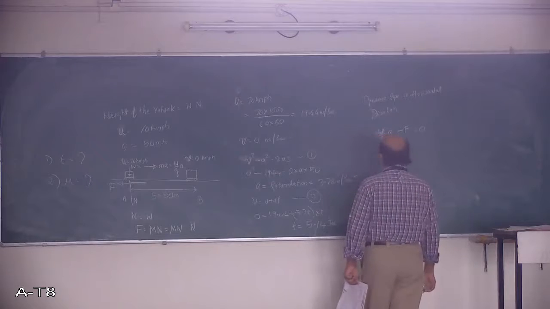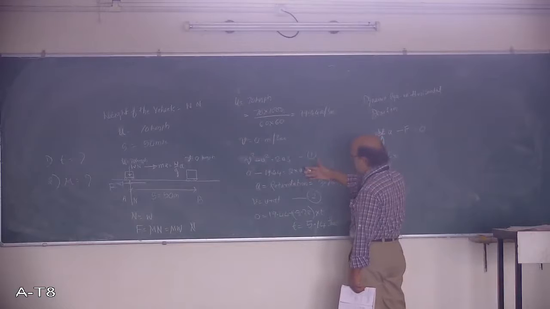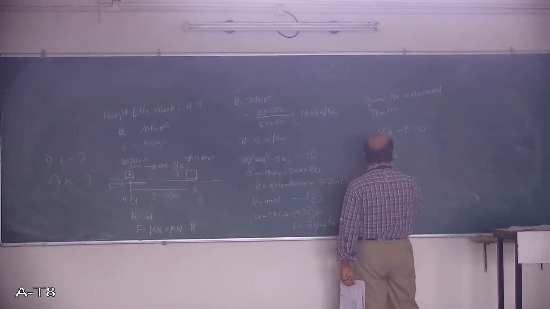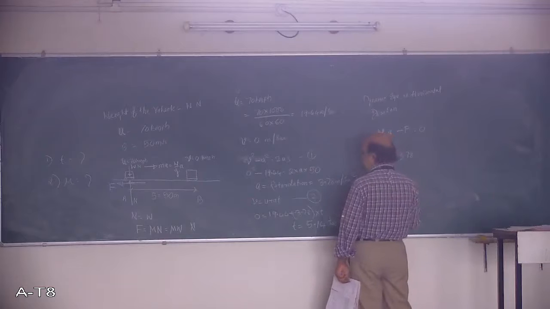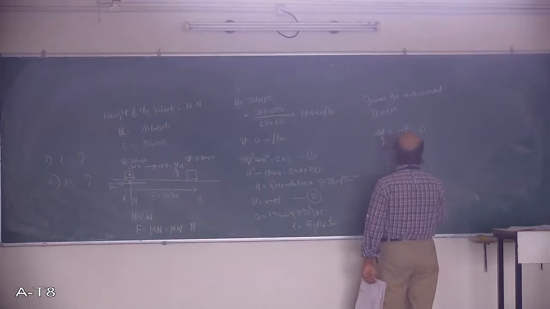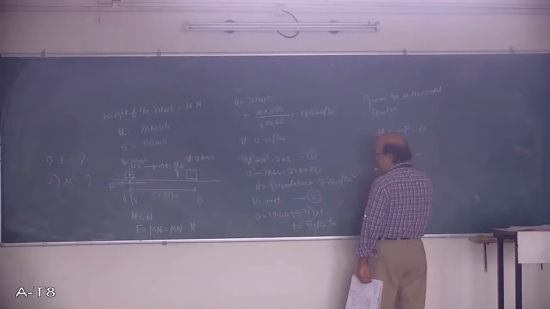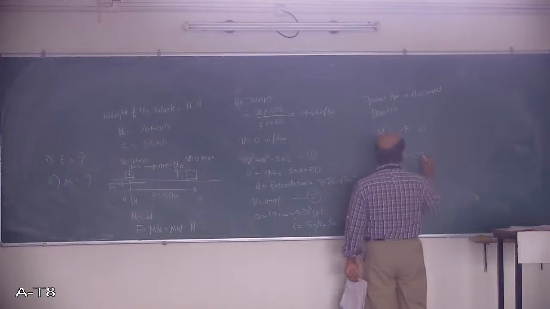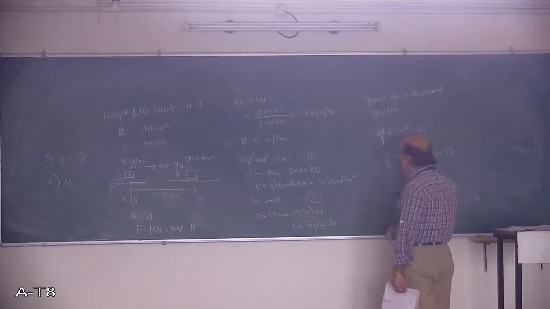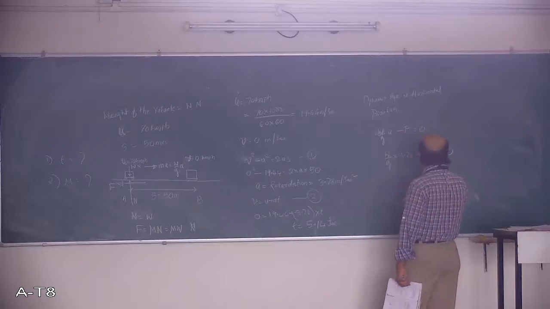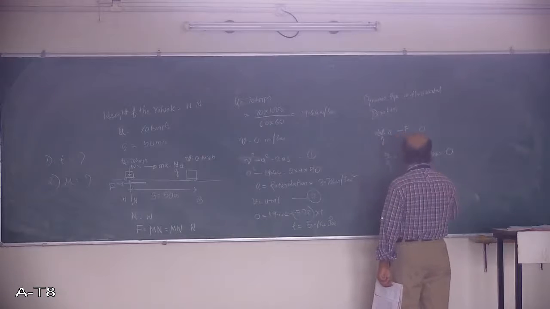Therefore W by g into a minus F equals 0. Here a is the acceleration, not the acceleration due to gravity, that we have worked out as 3.78 meters per second squared, acting in this direction. Minus F, the frictional force, mu W, equals 0. Just equate it. The only unknown W cancels, take it out common, and the only unknown is mu.